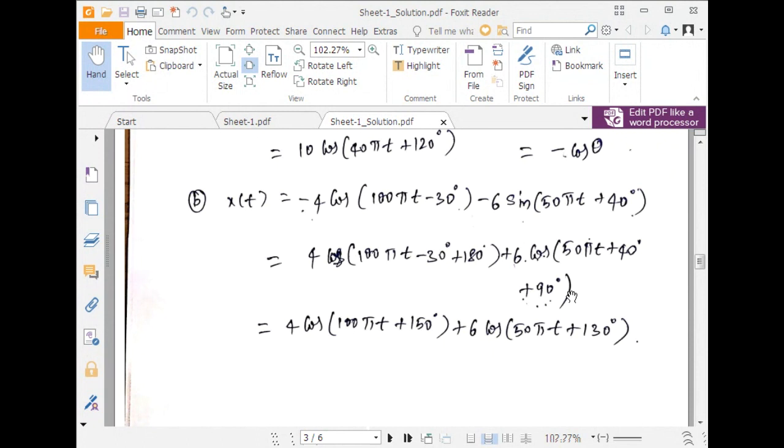See here, cos theta plus 90 is minus sine theta. Is it clear? You can write on the paper. Cos theta plus 90 is minus sine theta. Yes, sir, clear.